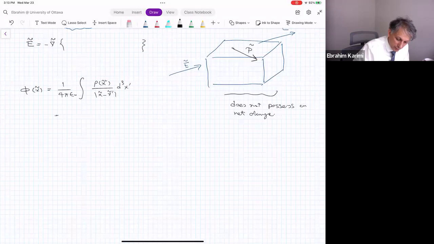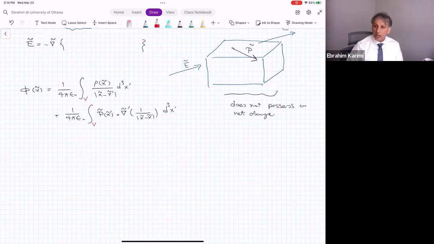And then we had another term, which was 1 divided by 4 pi epsilon_0 integral of P of x prime dot gradient of 1 divided by |x minus x prime| d^3x prime. That was over the volume. And we assume that we don't have the charge distribution, charge density. Then the only term that plays a role is the last term in our potential.